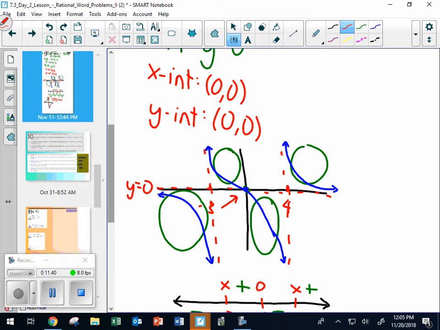It is merely the behavior at that point, and we know that it has to go through that point because it is an intercept. To my knowledge, cases like this will not happen with vertical asymptotes. It tends to happen mainly with our horizontal asymptotes. So I would be careful of your horizontal asymptotes, but if there is a case where it does cross, that is okay. Yes?